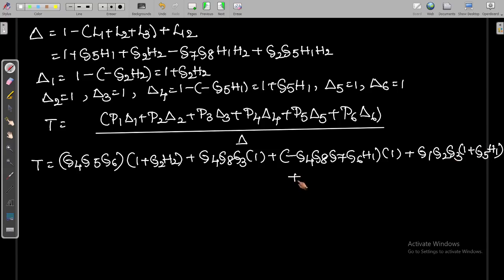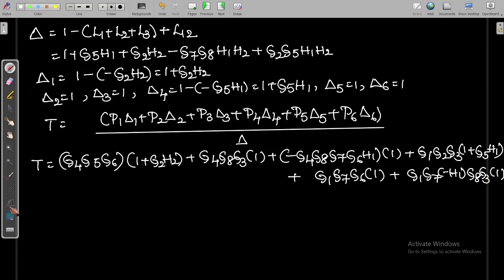I am writing here P5 delta 5, P5 value will be G1, G7, G6 whole into 1, plus next P6 value will be G1, G7 minus H1, G8 into G3 whole thing into 1.